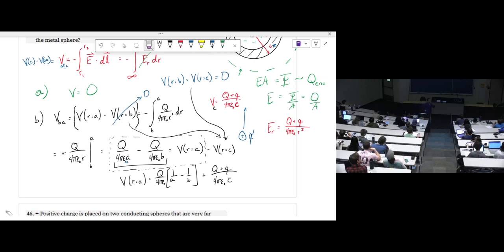So we have to measure the electric potential between 2 points, right?